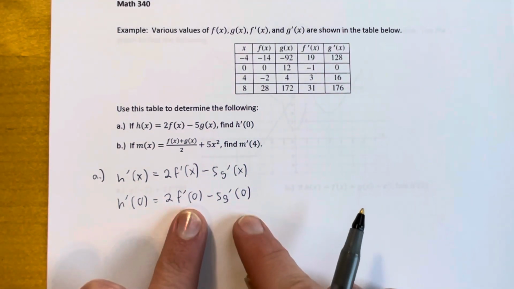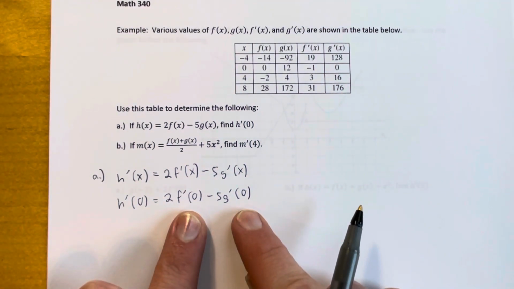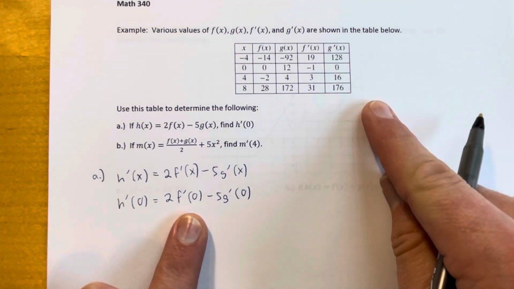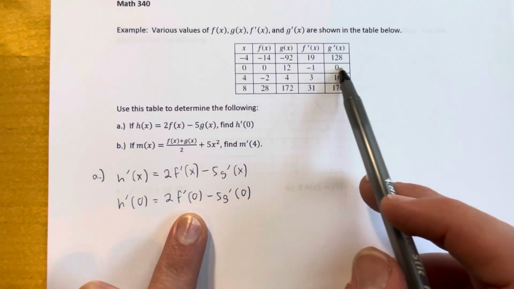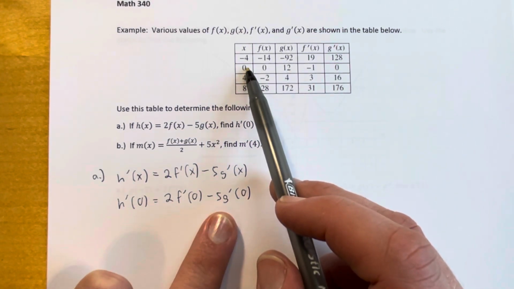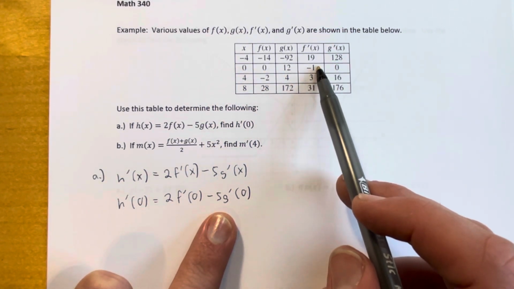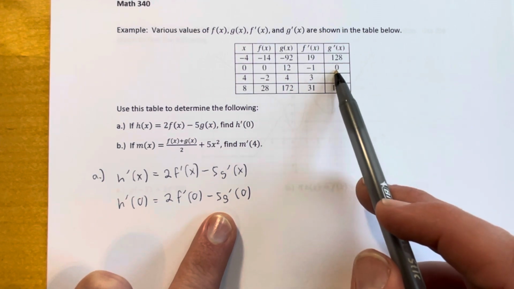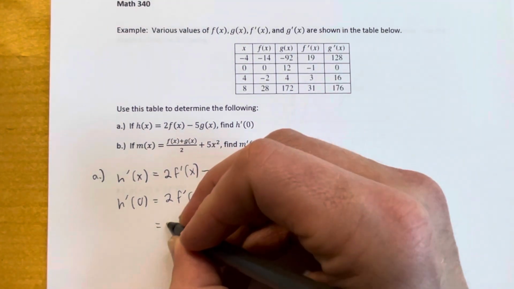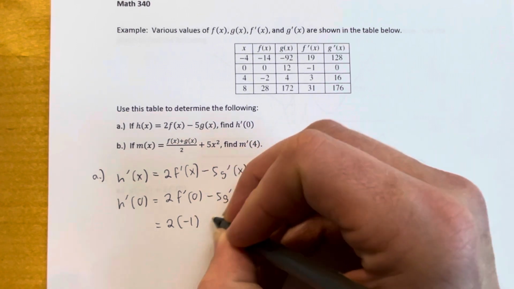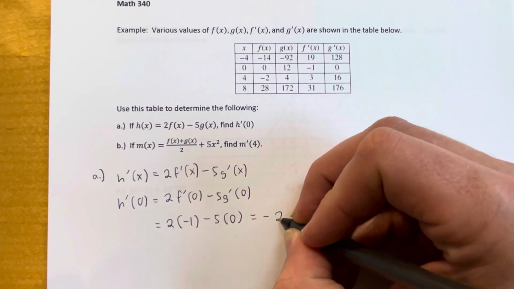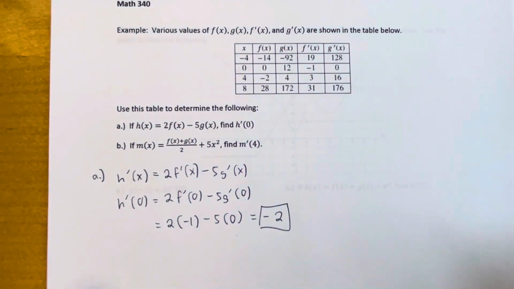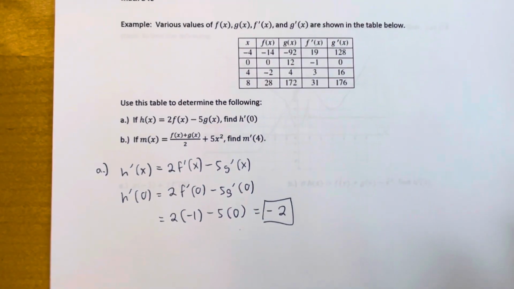But both of these, f prime of 0 and g prime of 0, are things that we can find in this table. So for an x value of 0, that means we're in the second row here, f prime and g prime. So f prime is negative 1. G prime of 0 is 0. So this is equal to 2 times negative 1 minus 5 times 0, or just negative 2. Okay? That's it for that one.